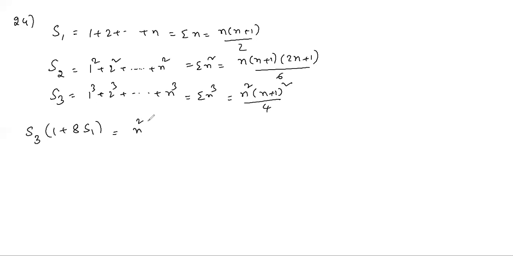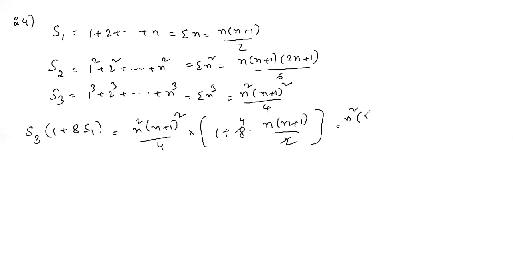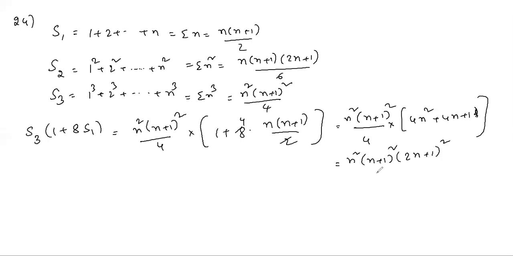S3 is n square into (n plus 1) whole square by 4. 1 plus 8 into S1, where S1 is n into (n plus 1) by 2, gives 1 plus 4n square plus 4n, which is (2n plus 1) whole square. So we get n square into (n plus 1) whole square into (2n plus 1) whole square by 4.